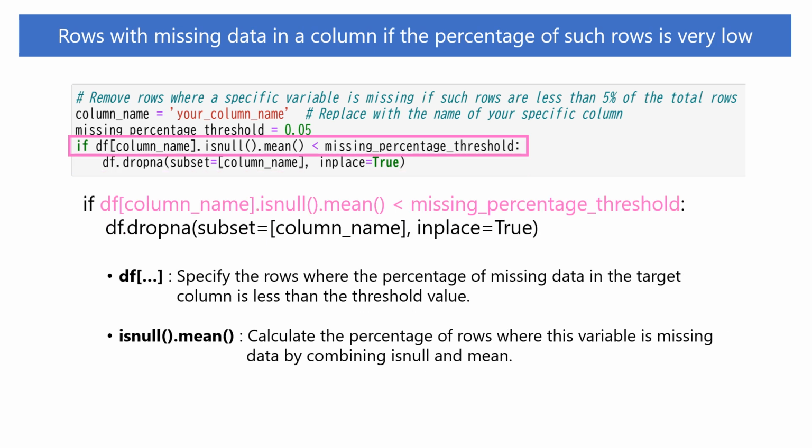When setting conditions using an if statement, specify the rows where the percentage of missing data in the target column is less than the threshold value. Since we specify a column, add square brackets after the data frame named df and specify the variable inside. Then, as before, you can calculate the percentage of rows where this variable is missing data by combining isnull and mean.